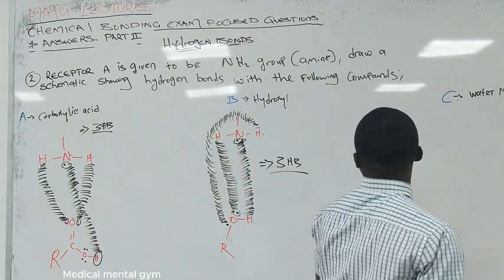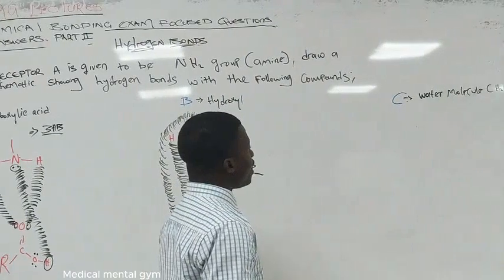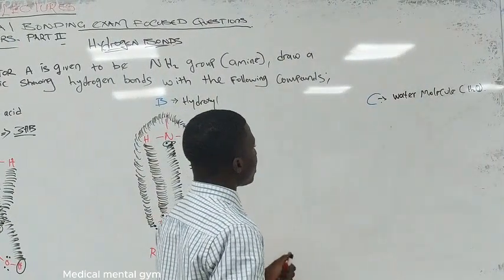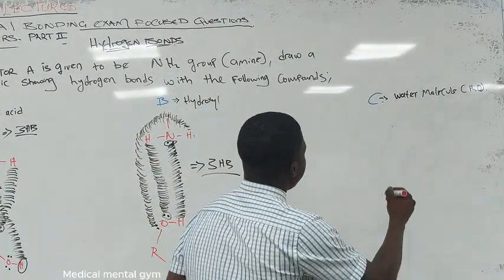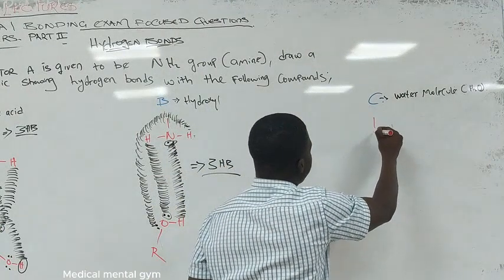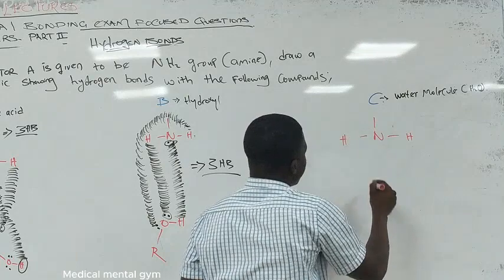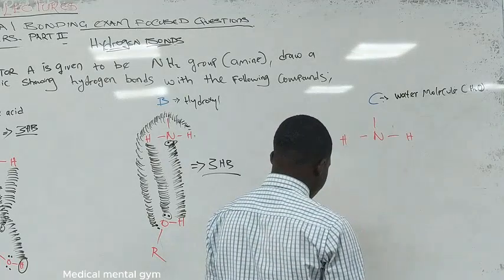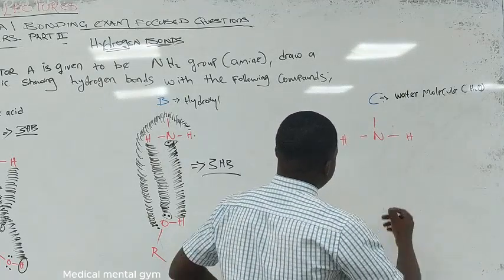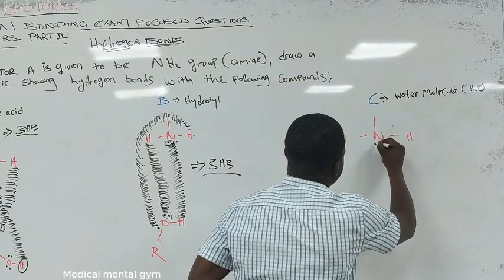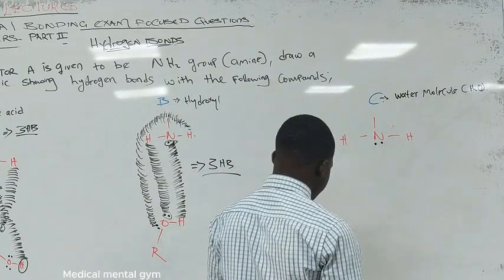And finally, we'll look at the final molecule, which is our water molecule, reacting with our receptor subtype, having a structure of amine. So we'll draw our receptor once more, and always include the lone pairs as usual. So all lone pairs have to be included in the schematic.